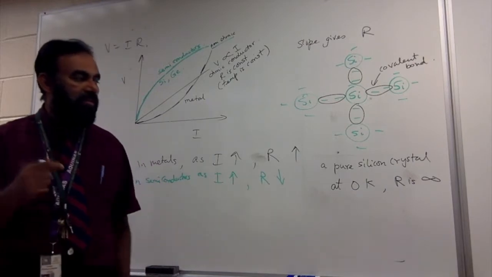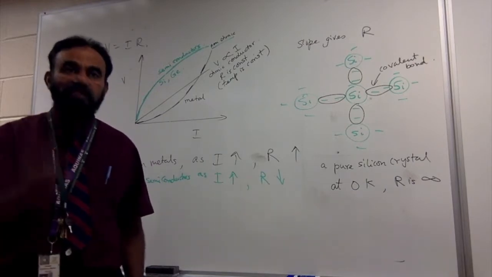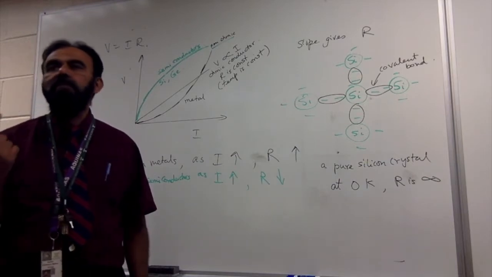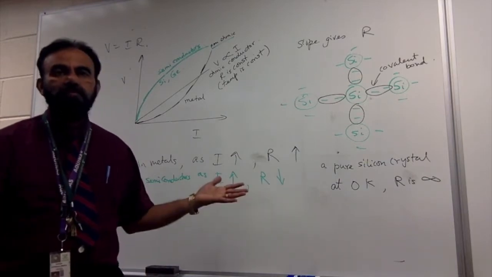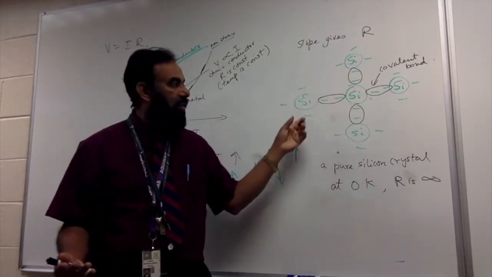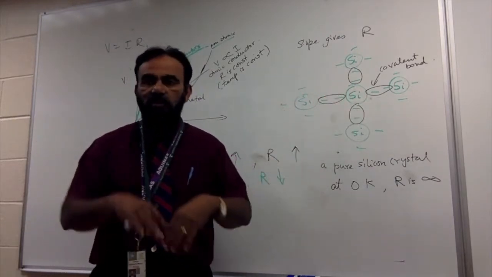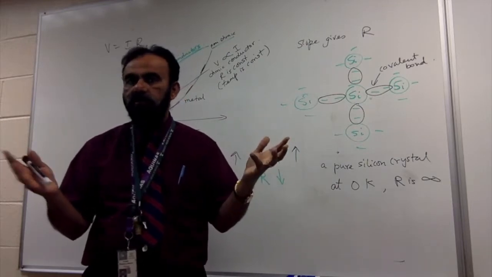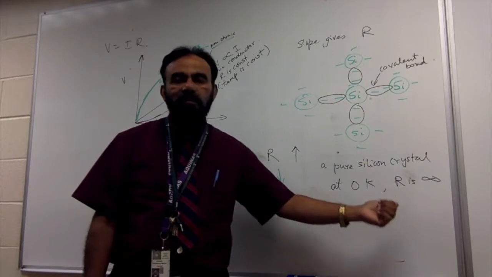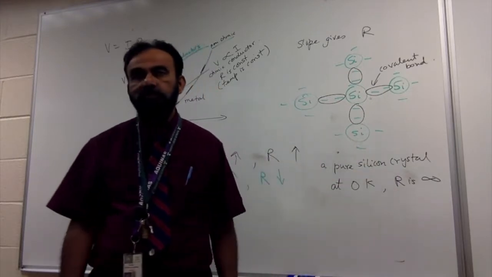A pure silicon crystal at 0 Kelvin, R will be infinite, which means there is no conduction possible because there's no free electron. All the electrons that are around silicon atoms are all busy, occupied. They're all bonded with covalent bonds. So at 0 Kelvin, resistance is infinite.